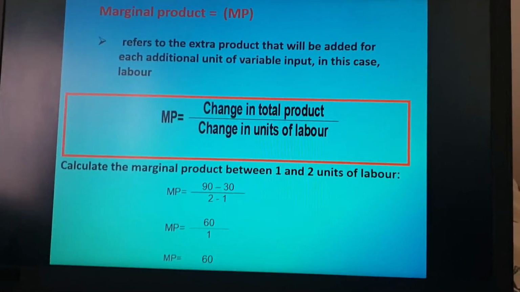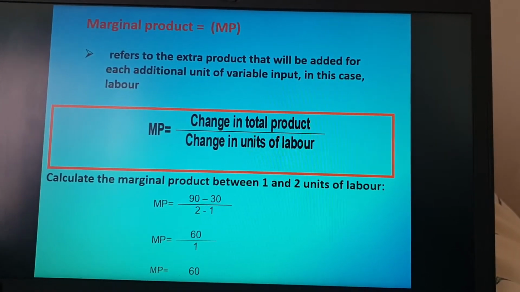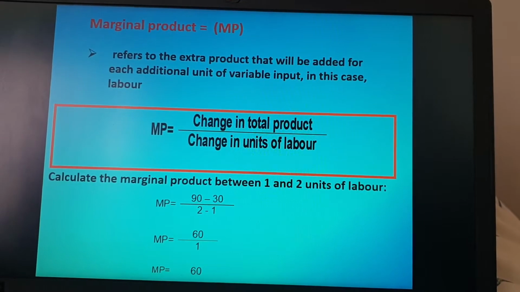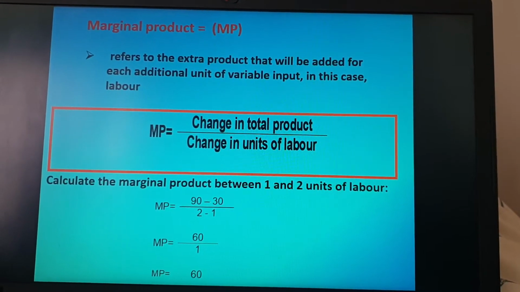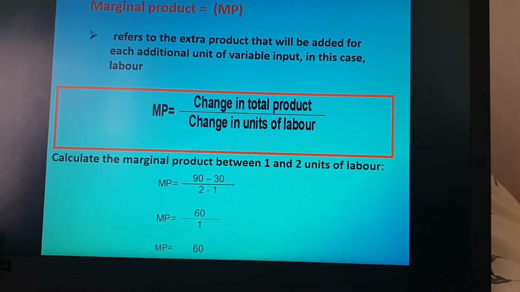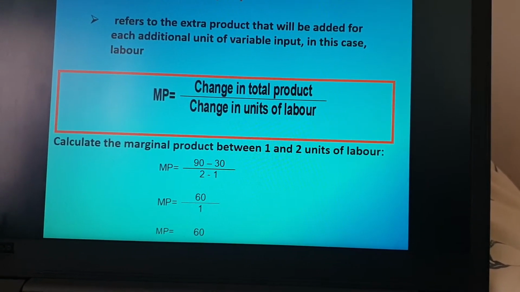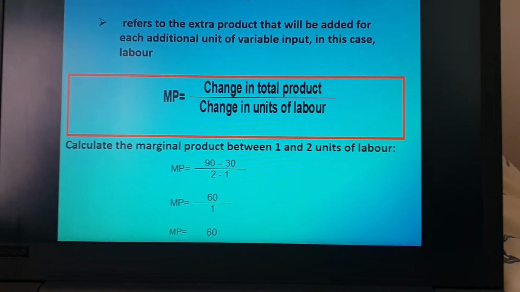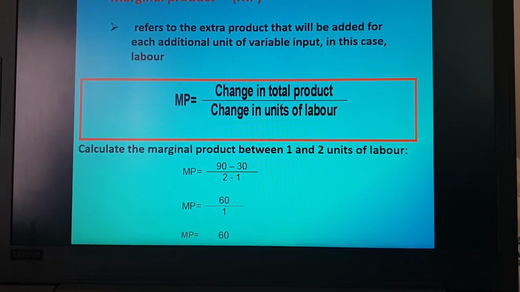Right, so the marginal product calculation is the change in total product. Remember, it will be a subtraction calculation. Change in total product divided by the change in the units of labor. So calculate the marginal product between 1 and 2 units of labor. This is now referring to my previous table.